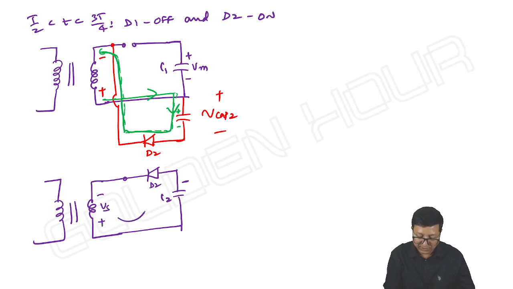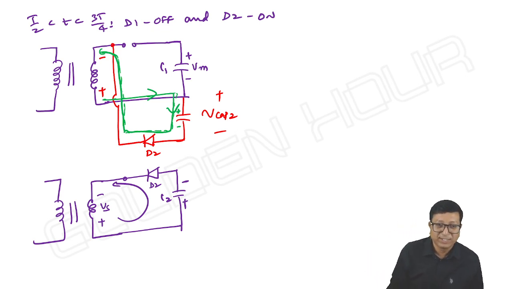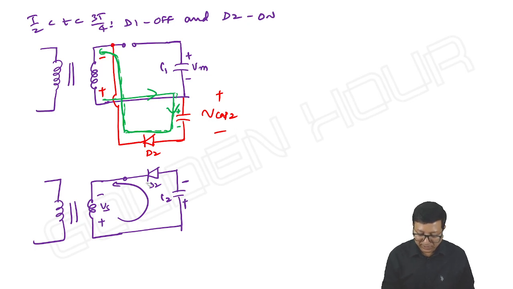So obviously the current is flowing in this direction and it is plus. If you rotate the circuit upwards, this is what we can see. Here also, neglecting the voltage drop across the diode, the entire input can be seen across the capacitor. But V capacitor we are taking from positive to negative terminal only. V capacitor 2 is like this.